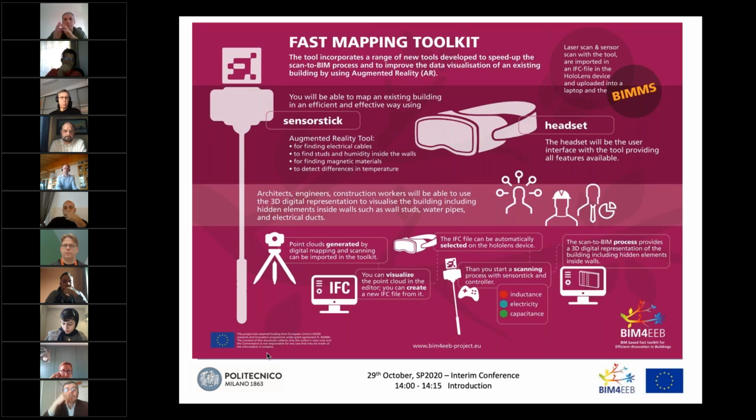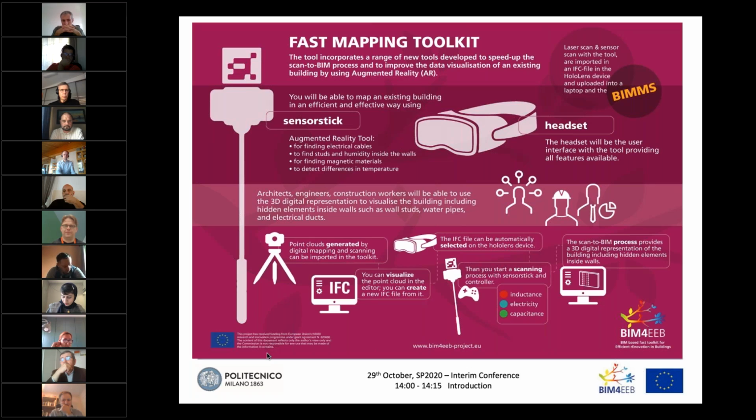These are the hardware that you can work with, which are mainly a sensor stick and a headset. The headset is the user interface with the tool, providing all features available. Architects, engineers, and construction workers will be able to use the 3D digital representation to visualize the building, including hidden elements inside walls, such as wall studs, water pipes, and electrical ducts.